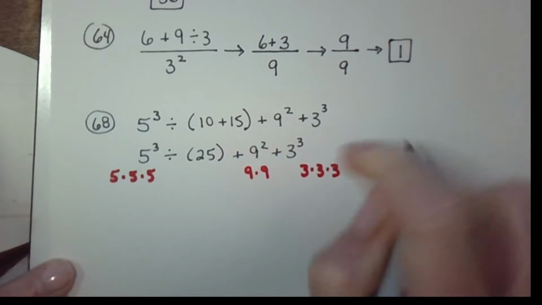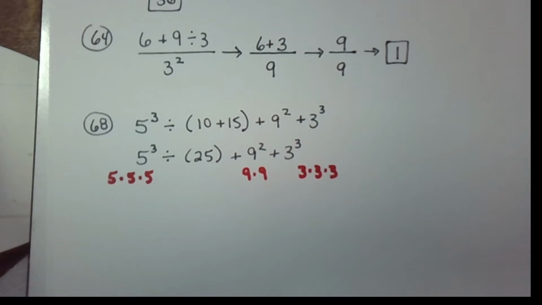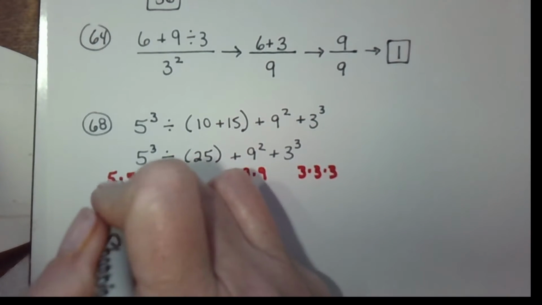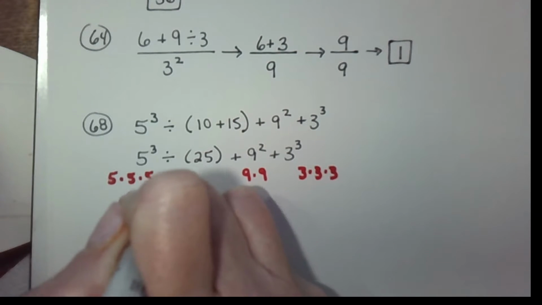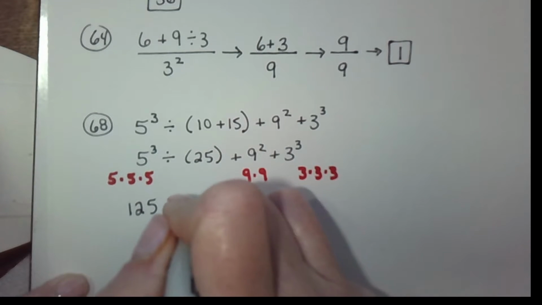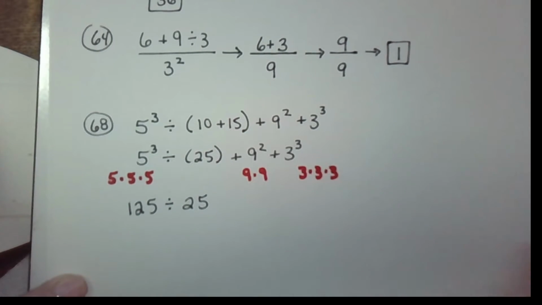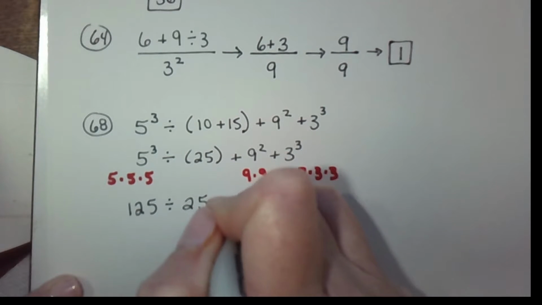We write out the base 3 times. The exponent tells me how many times to write the base. So 5 cubed is 5 times 5, which is 25, times 5 is 125, divided by, I don't really need these parentheses anymore. They're okay to keep, if you have them that's okay, but you don't really need them. 9 times 9 is 81.